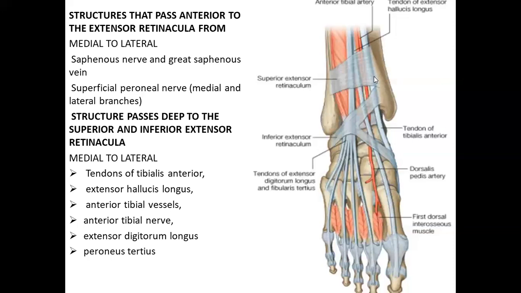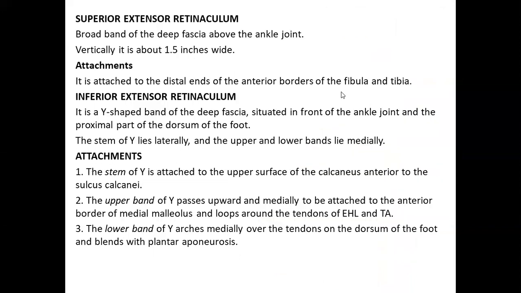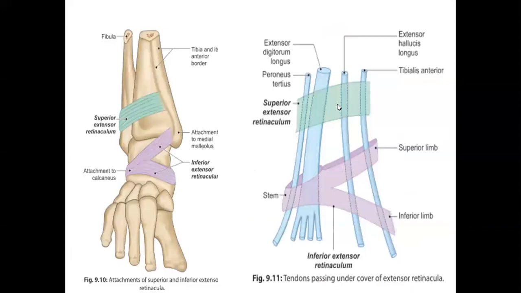When we look at the attachments, medially it is attached to the lower part of the anterior border of the tibia, and laterally it is attached to the lower part of the anterior border of the fibula.